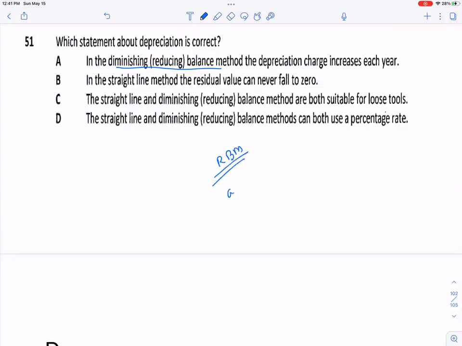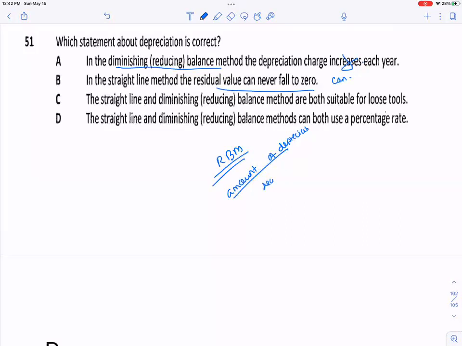Decreases. So increases is not correct. In straight line method, residual value can never fall to zero. It can fall, right? Yes.